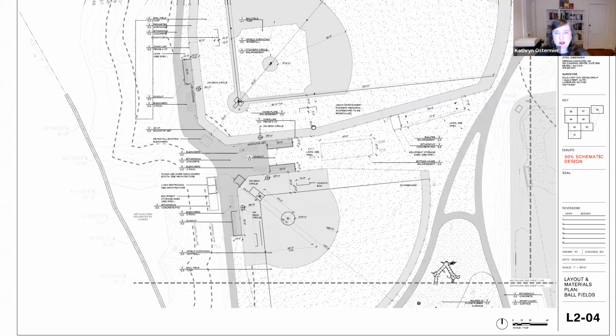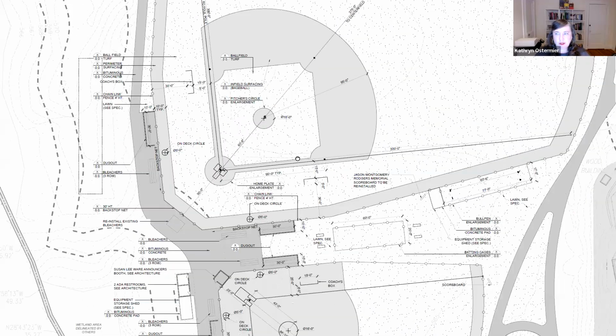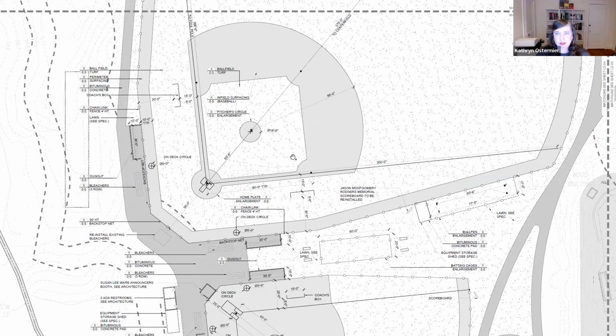Moving north, we've called for 300-foot foul poles for the 90-foot diamond, and we'll see if we can expand that, Chris, to 325. We may not be able to for both, but we may be able to for at least one, but we'll double check on that. We have the requisite 50-foot backstop.